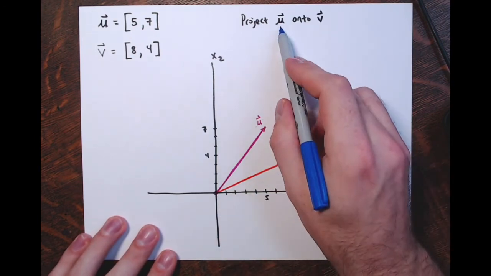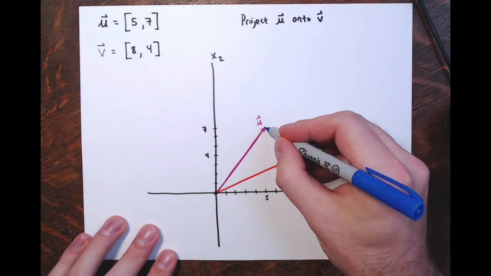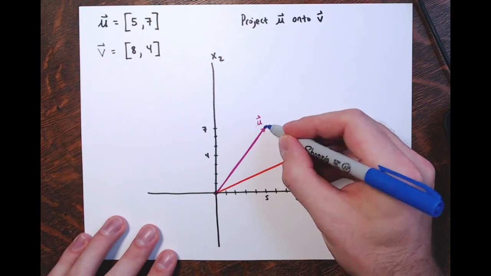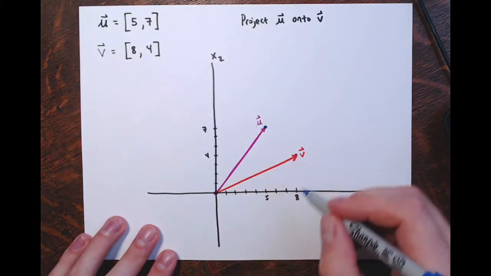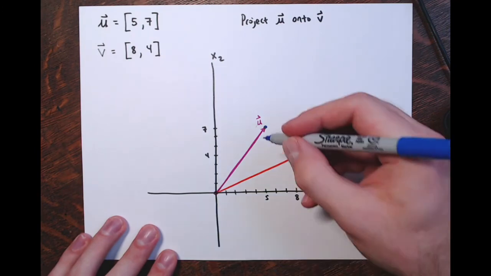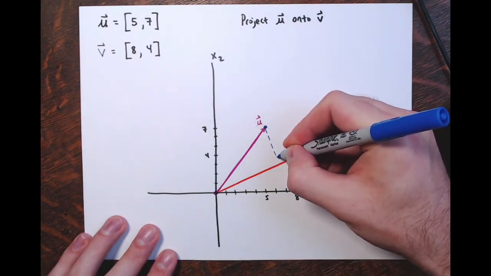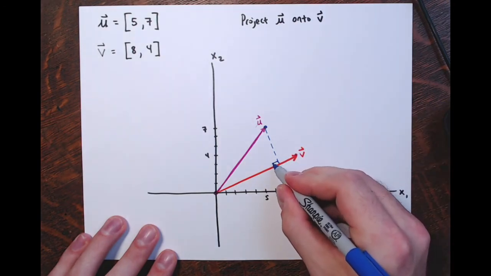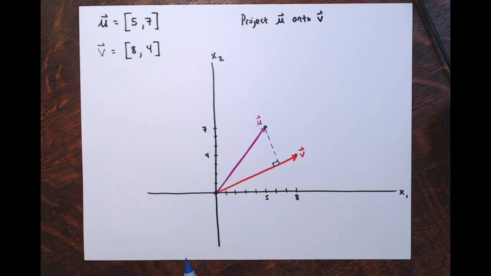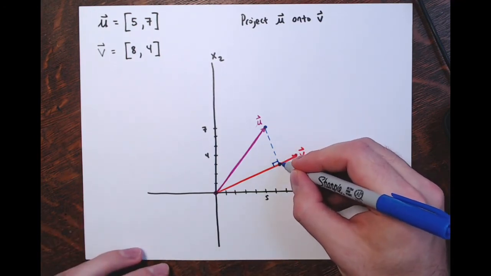If I'm projecting u onto v, I go to the end of vector u, the terminal point of vector u, and I draw a segment that's perpendicular to the line with vector v on it. I'll make this dashed. And make it perpendicular, a 90-degree angle there, to the line with vector v on it, and that would be at this point here.